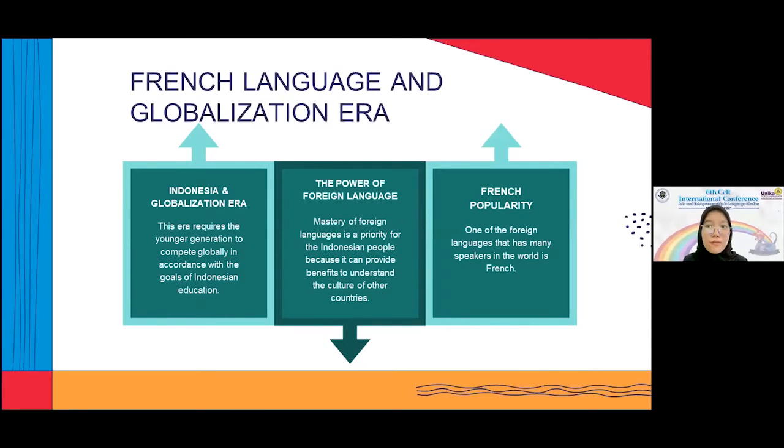As we know, French is one of the foreign languages that has many speakers in the world. There's a Francophonie association for French speakers in the world, with 60 countries as participants. And French is also used in many world associations, such as the United Nations.